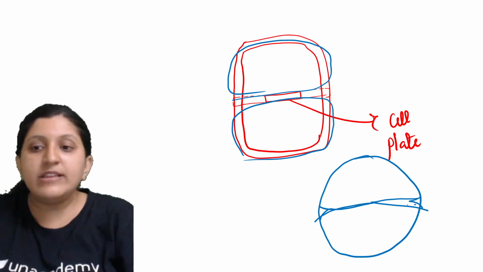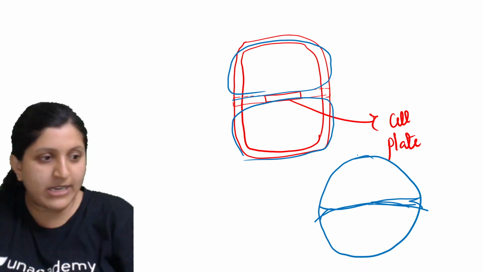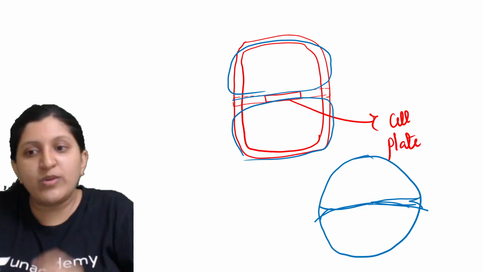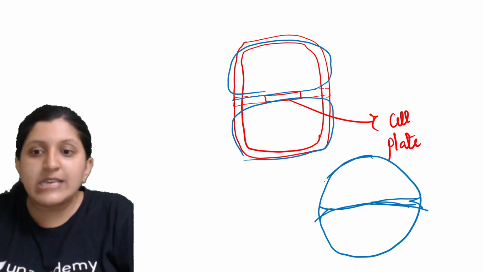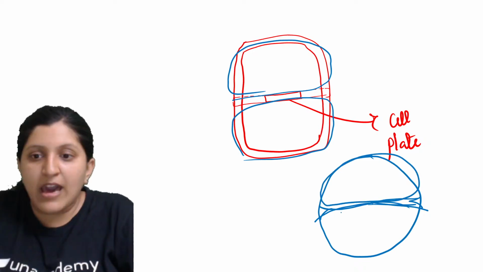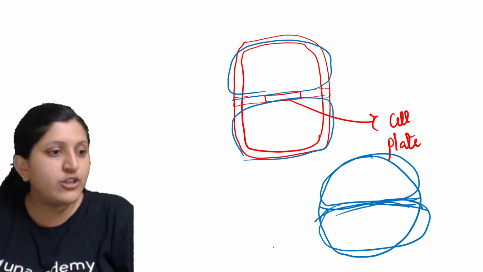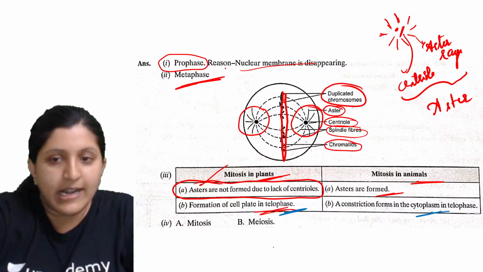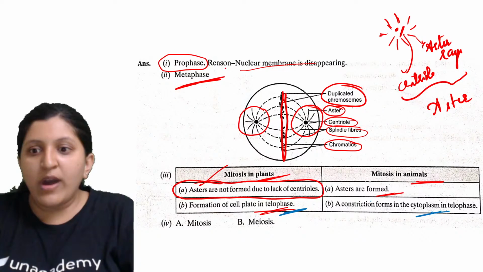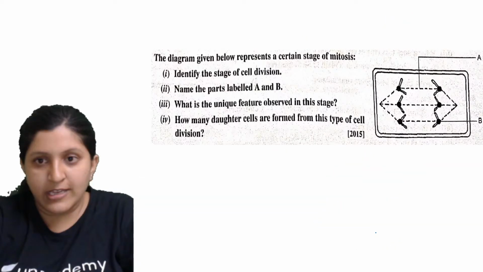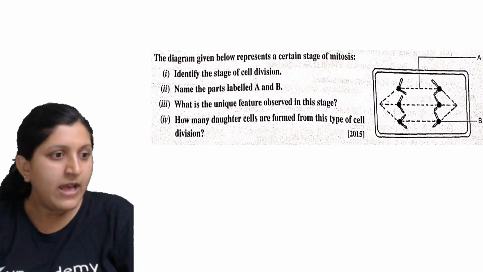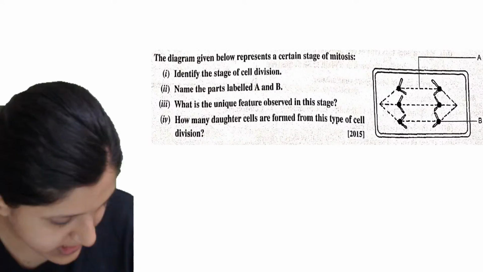Now this furrow is going to separate the cell, going from outside to inside. So you can see there are two cells that are formed. Okay, so a constriction forms in the cytoplasm, so that is in the telophase. Is this clear? Any doubt in this?